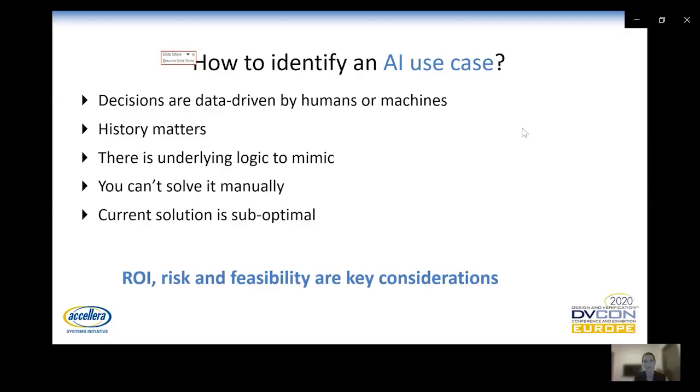And the reason that I'm calling that out is that obviously AI requires some advanced skills. We'll talk about that in a minute. There are some risks, and it's not always feasible. So we need to make sure that AI is required, and it's not just because it's cool or new technology, but it's actually required.